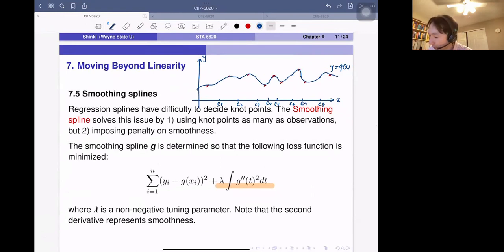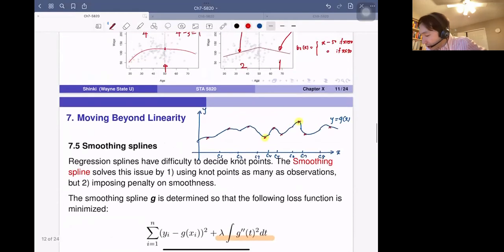G double prime basically represents curvature, so if curvature is very large, then we penalize it. You can see, for example, here it's pretty ad hoc to fit the data because the curvature is pretty large. So we penalize it so that the actual fitted curve becomes smoother.